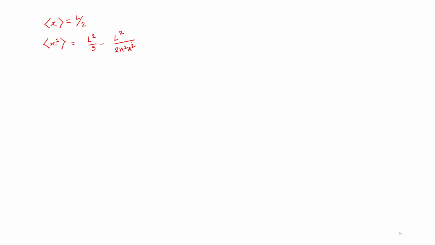So for x square for n equal to 2, it will be L square by 3 minus L square by 2 into 4 into pi square, which is L square by 3 minus L square by 8 pi square.